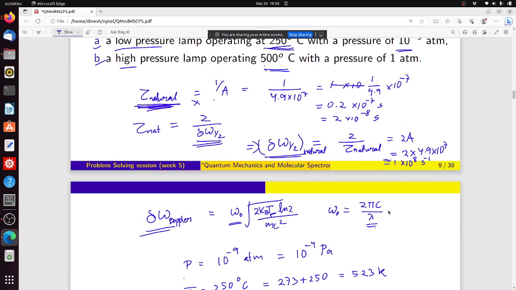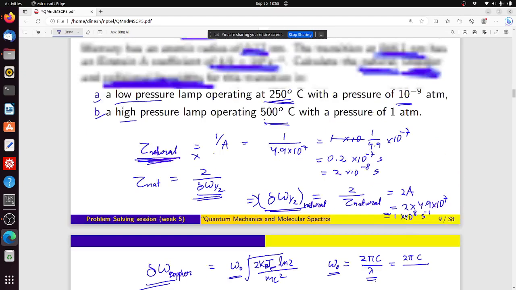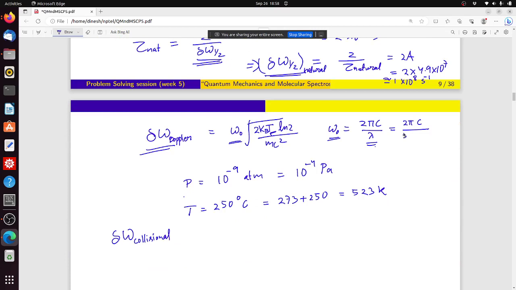From that I can calculate the angular frequency of that radiation, which will be 2 pi c over 546.1 times 10 to the power minus 9, and c is 3 times 10 to the power 8. If I put all the values, I will get around 3.45 times 10 to the power 15 second inverse. So this is the omega naught I got. Now I can directly put all the values here.